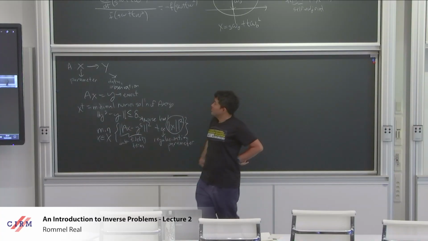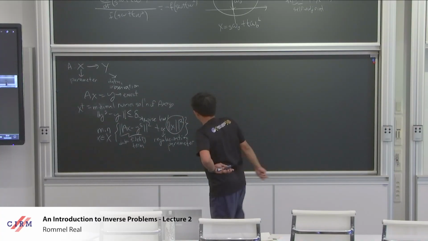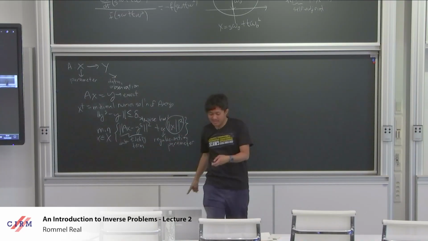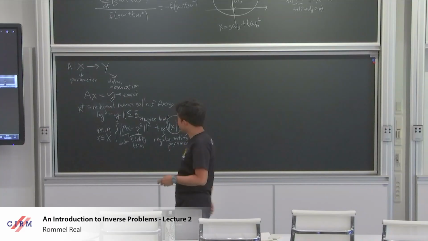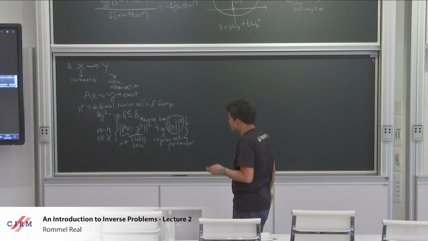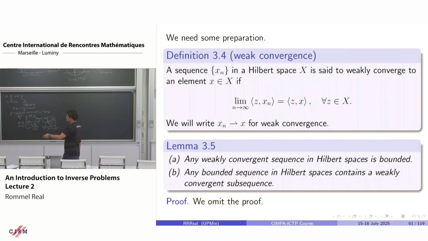Because it's ill-posed, we want to find the solution in a stable way, and that stability is controlled by the regularization parameter. Now, that's the Tikhonov regularization. Okay?